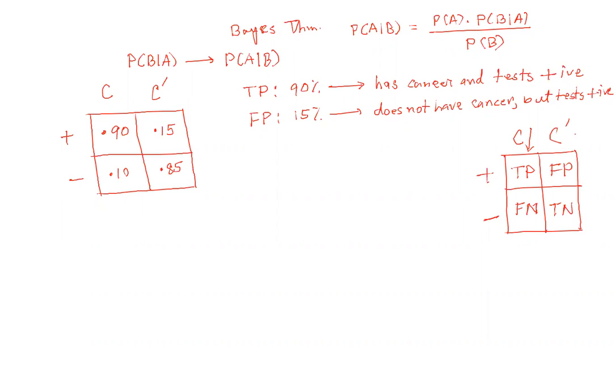Now, which boxes are correct? True positive is correct, right? And true negative is correct, right? Then false positive is incorrect and false negative is incorrect.